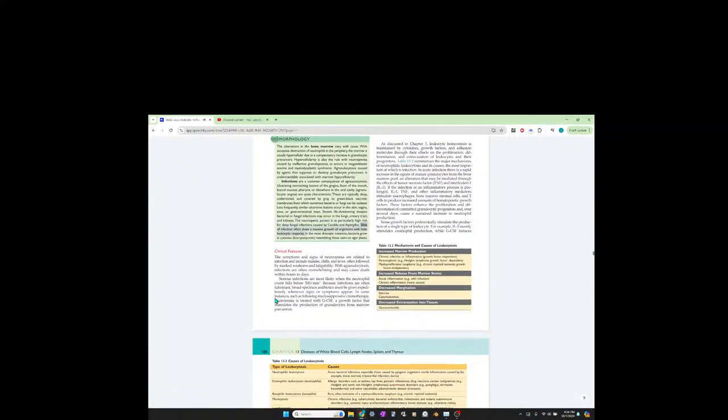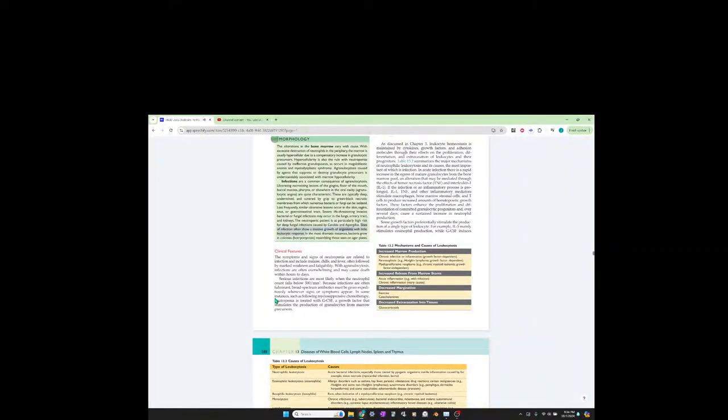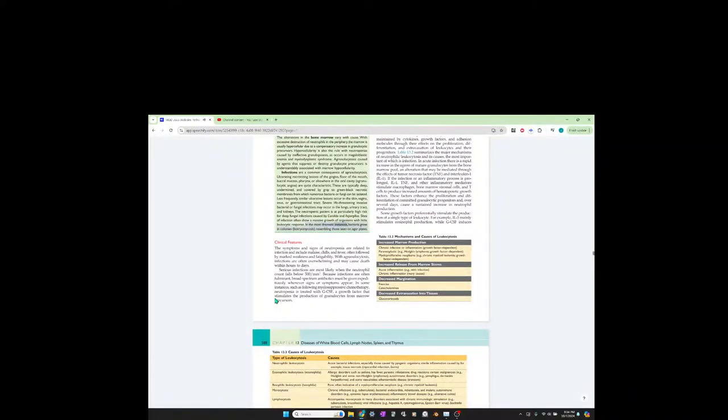The neutropenic patient is at particularly high risk for deep fungal infections caused by Candida and Aspergillus. Sites of infection often show a massive growth of organisms with little leukocytic response. In the most dramatic instances, bacteria grow in colonies resembling those seen on agar plates.